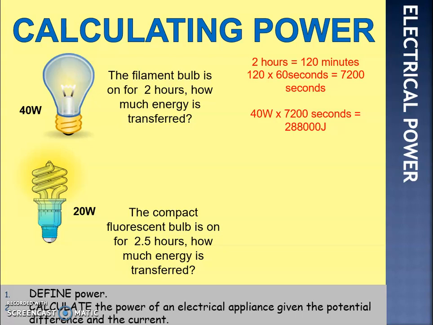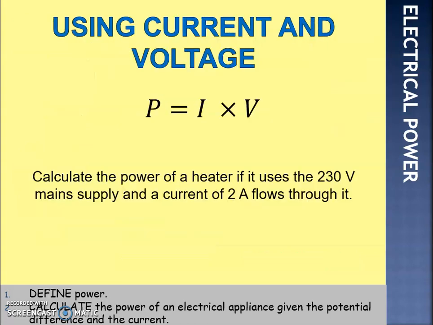For the compact fluorescent light bulb we'd have to do a similar equation first, working out the number of seconds in 2.5 hours, so in 2.5 hours there are 150 minutes, times that by 60 seconds gives us 9,000 seconds. Again, power is energy over time, so rearrange that. Energy is power times time. 20 times 9,000 gives us 180,000 joules.